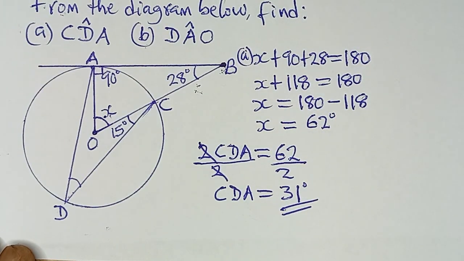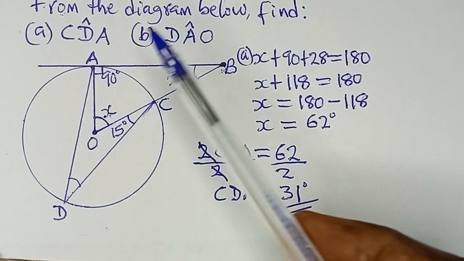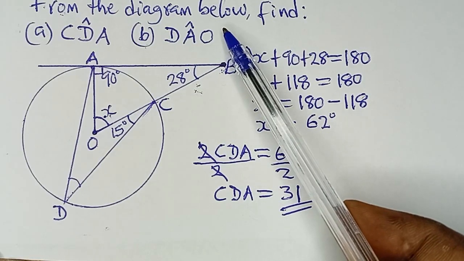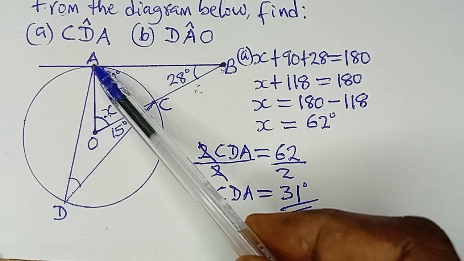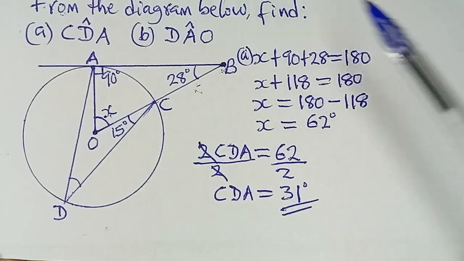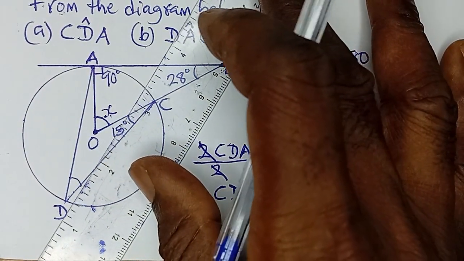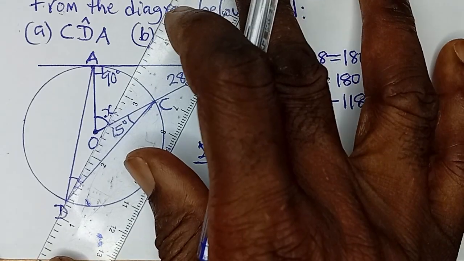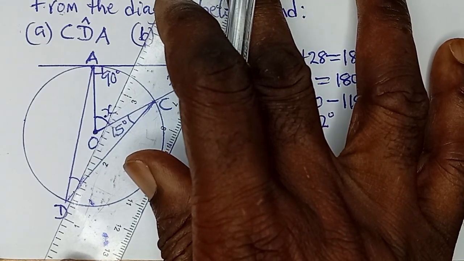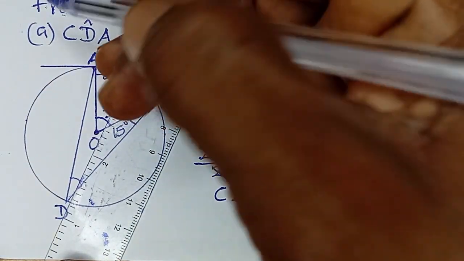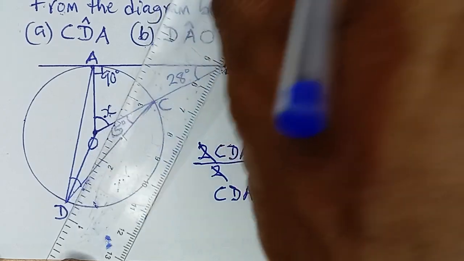So let's look at the B part of the question. The B part is simply saying that we should find DAO, this angle here. Now, for us to do that, I think it will be easier if we make a trace here, from the center to this circumference, just a straight line.